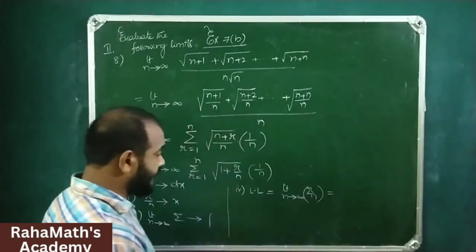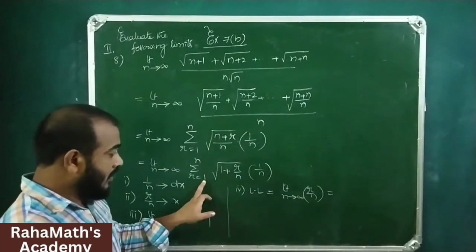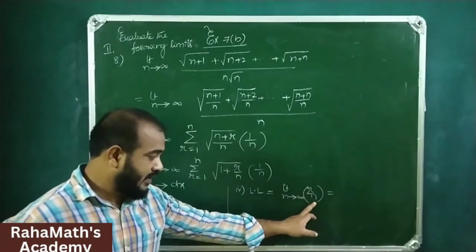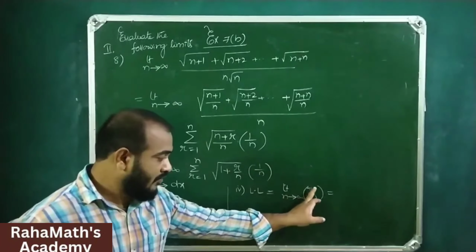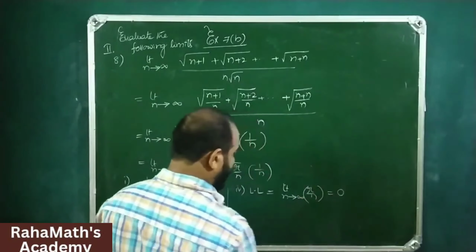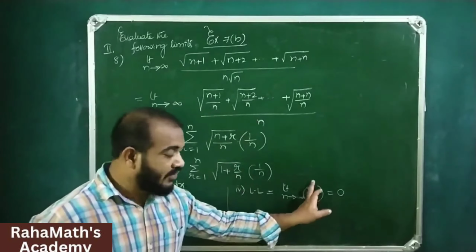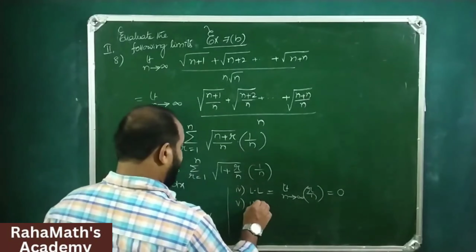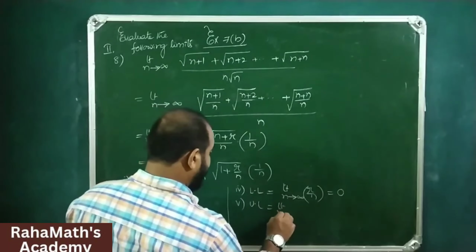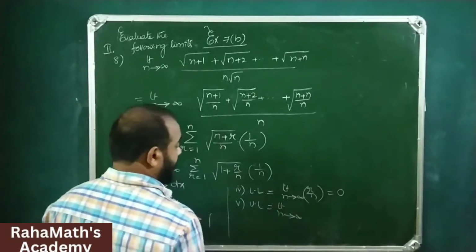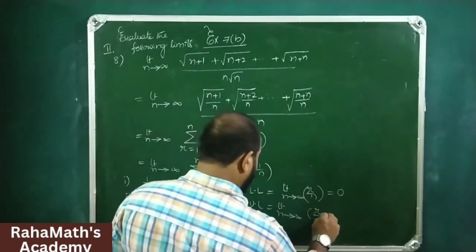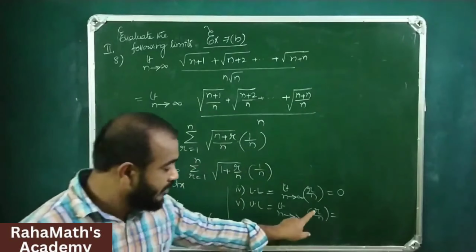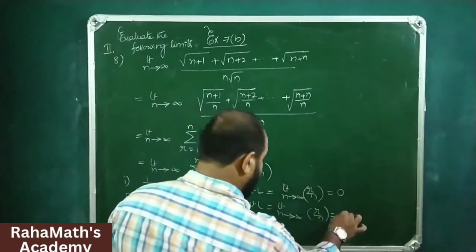With r equal to 1, if I substitute here, 1 by n, so limit n tends to infinity, 1 by n is equal to 0. So the lower limit is 0. The upper limit is limit n tends to infinity, this same r by n, this time replaced with n, so n by n, this is 1.